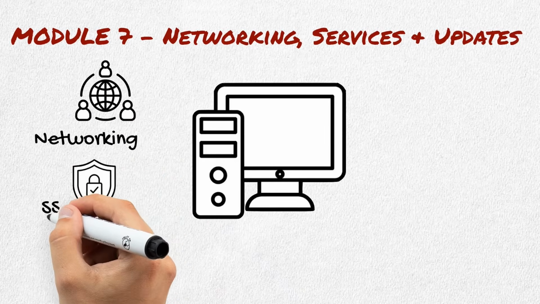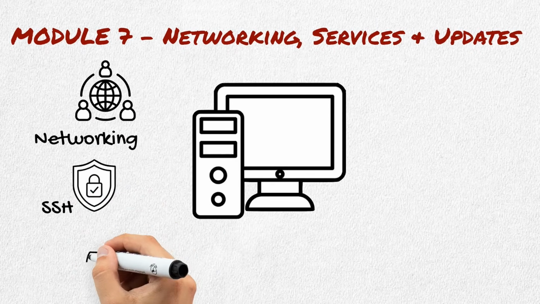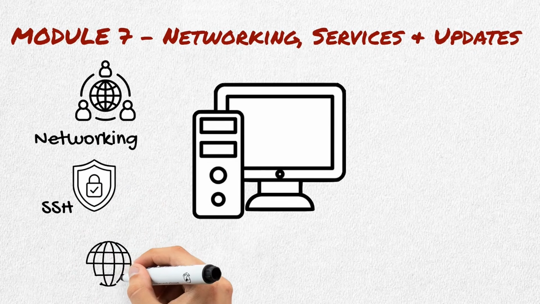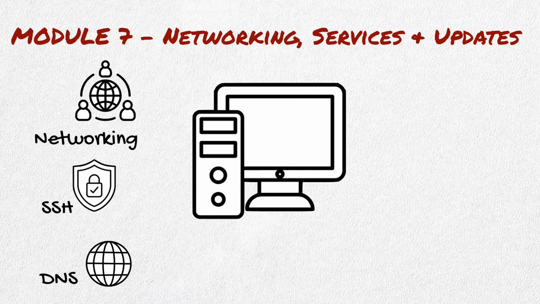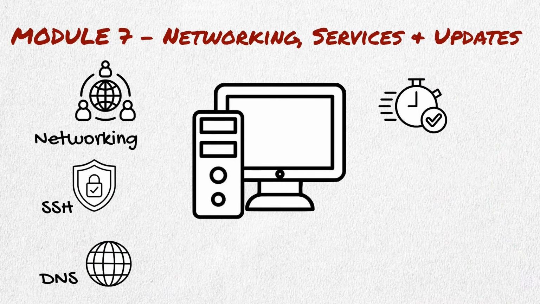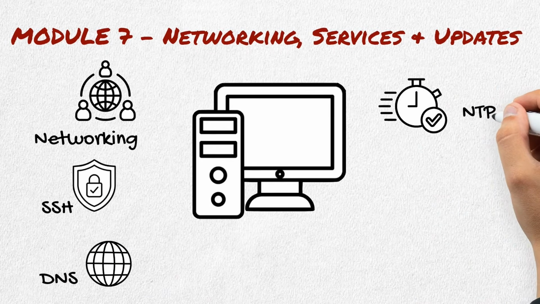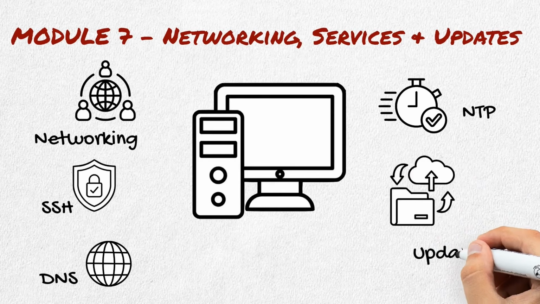You'll also learn how DNS and hostname resolution work, how time synchronization is handled using NTP or Chrony, and how to perform file transfers and system updates safely. We'll finish this module by installing and configuring essential Linux services. And yes, everything in this module is done hands-on, not just through theory.